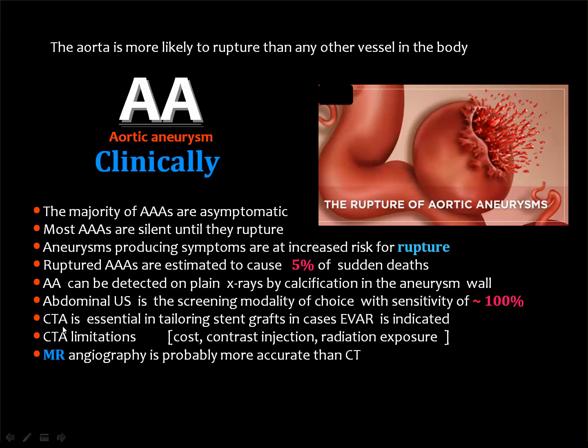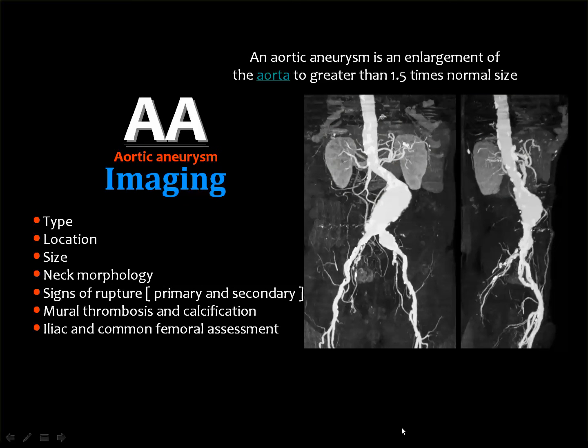CT is very important if you are intending to do an endovascular aortic repair and stenting, of course. But the major obstacles for CT are the cost, contrast material, and radiation exposure. Clinicians are more familiar with the CT appearances than with the aortic appearances.